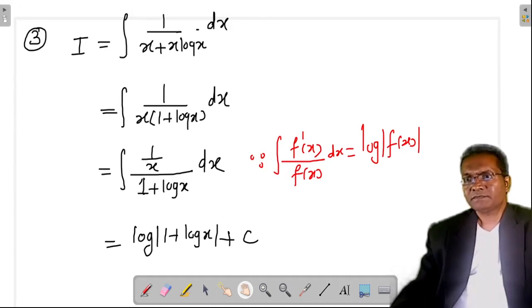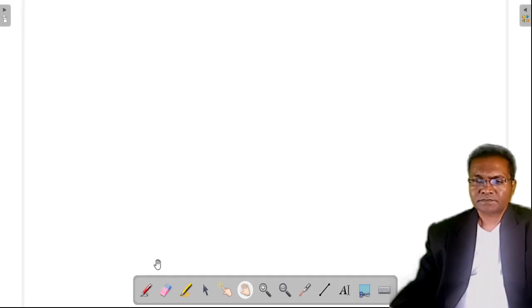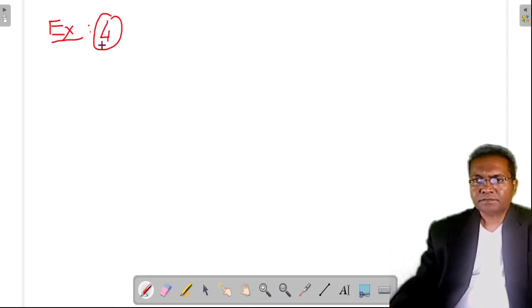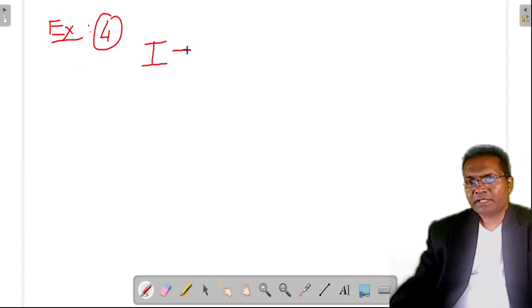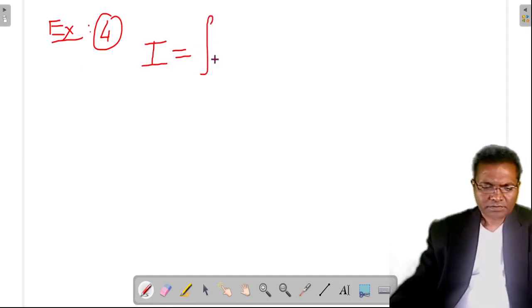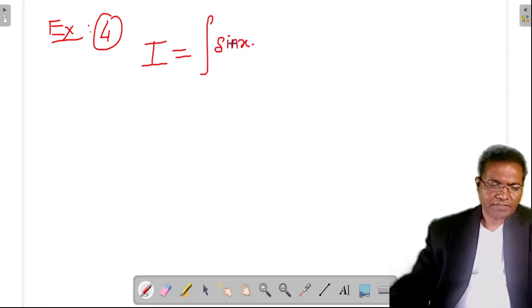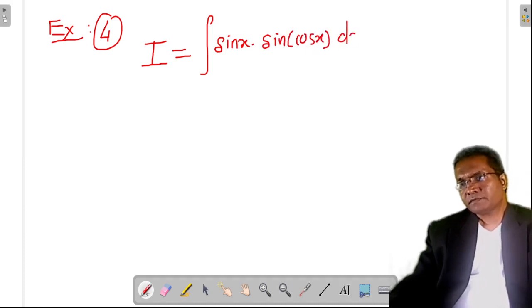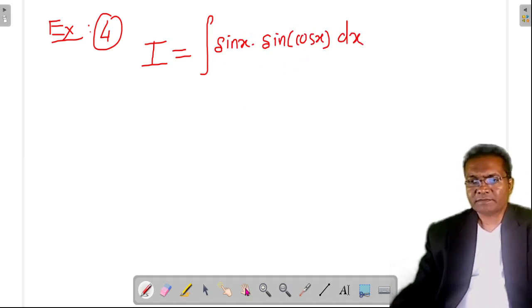Next, example number 4. You were asked to find the integral of sin x into sine of cos x. You are asked to integrate this with respect to x, which means you have to write it like this.